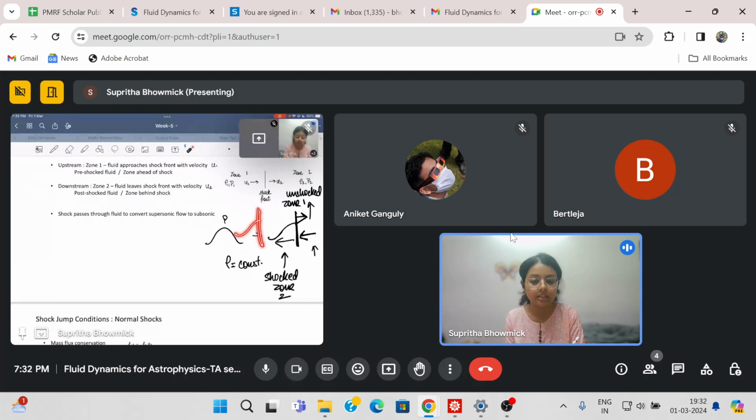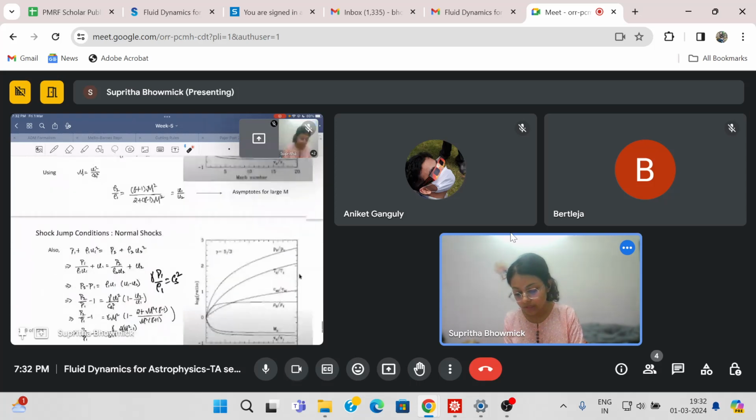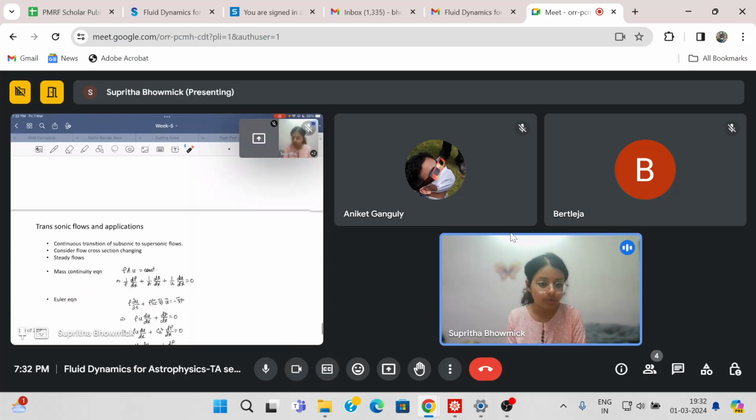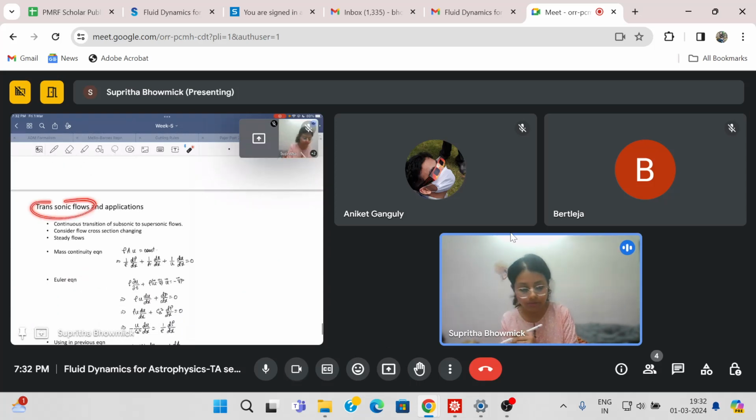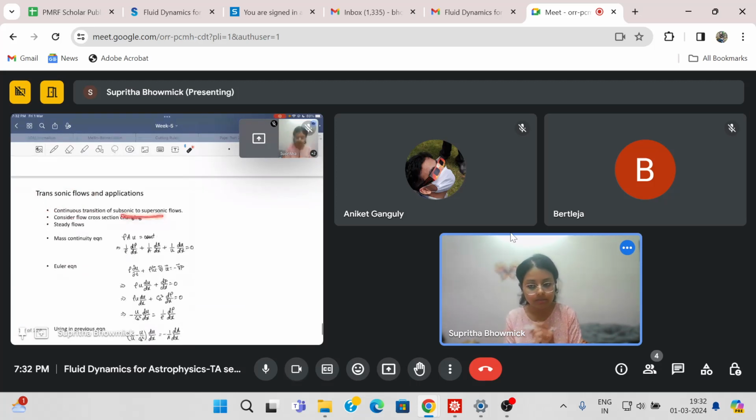Across the discontinuity, you have transition from supersonic to subsonic flow conditions. But if you don't want a discontinuity, you study transonic flows, which are smooth transitions between these two flow conditions. Smooth means that you go from M less than 1 to M equals 1 to M greater than 1. No jumps are involved, unlike shocks.